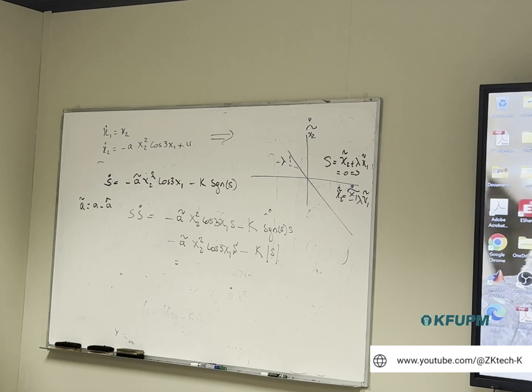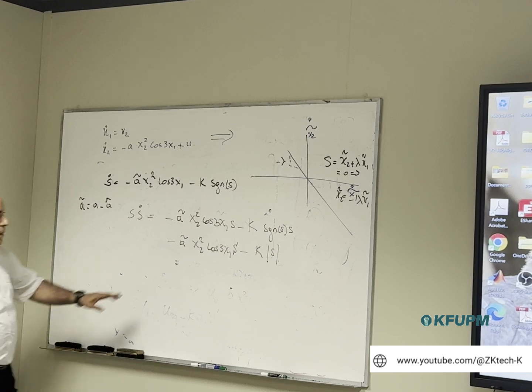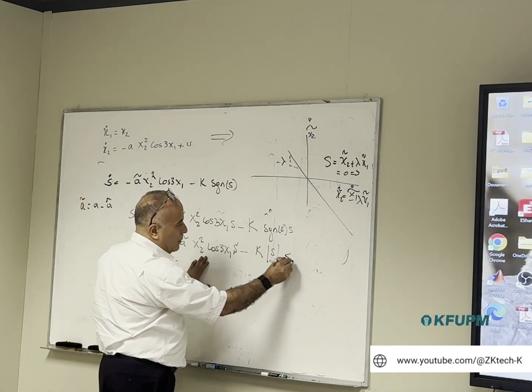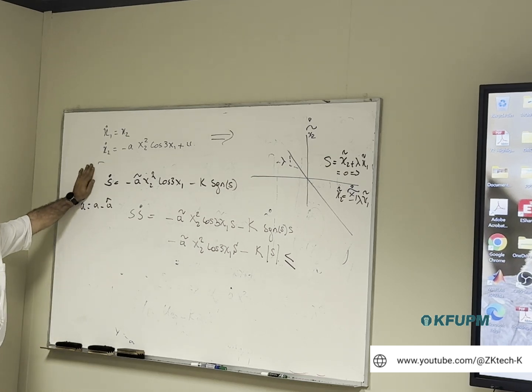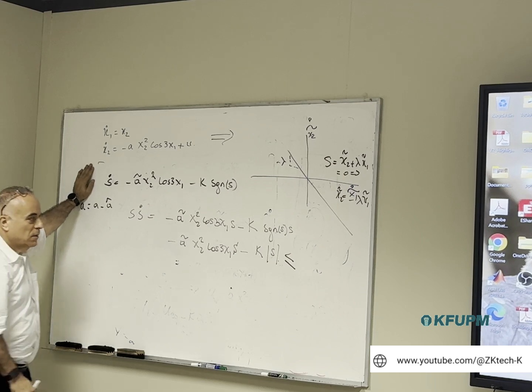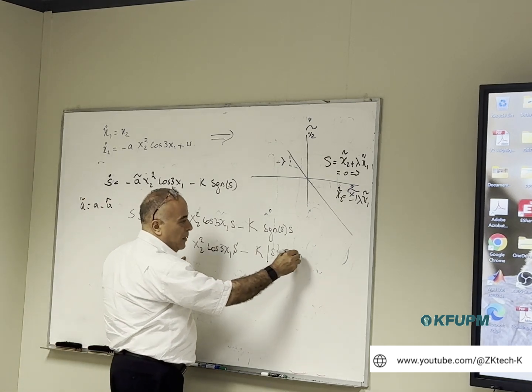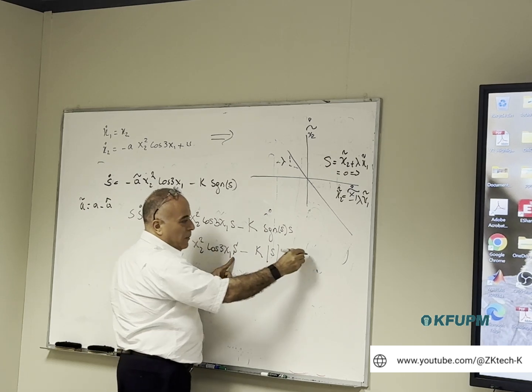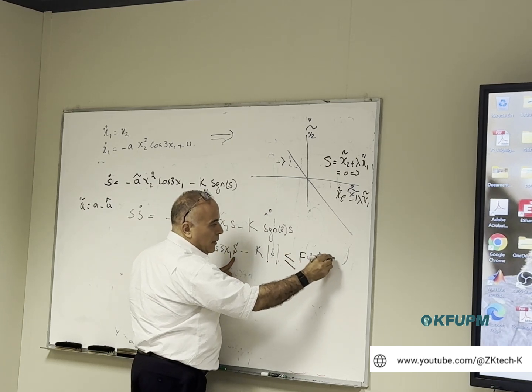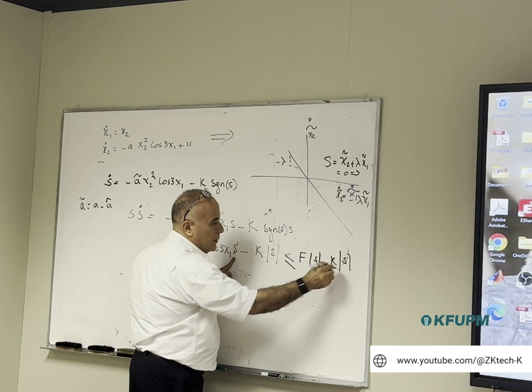K must be bigger than 18 x2 squared. So this is less or equal to zero. Then we go back to our bound limit that we put from the problem from the beginning, whatever it is. So I'm going to say the limit is f. So this will be less than f multiplied by the absolute value of s, minus k times the absolute value of s.